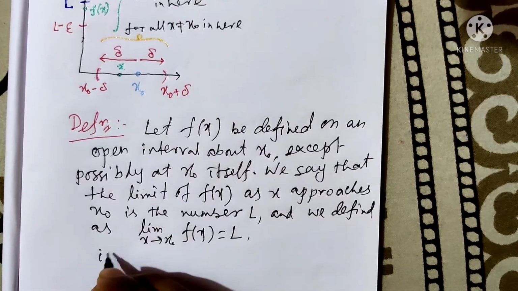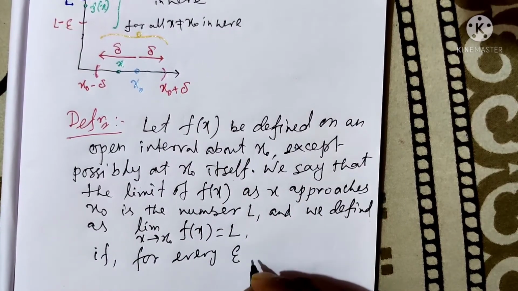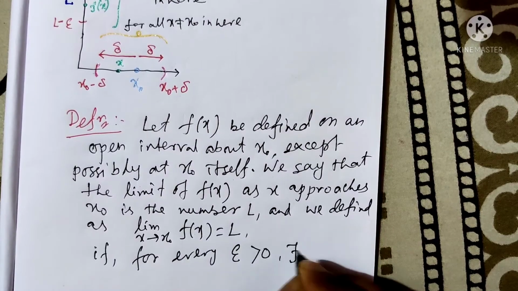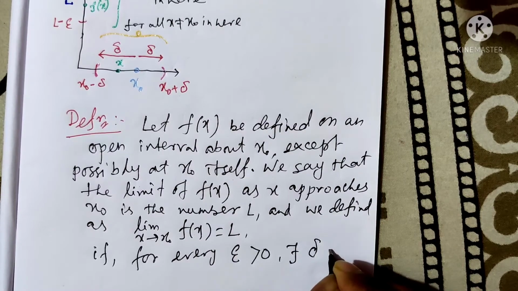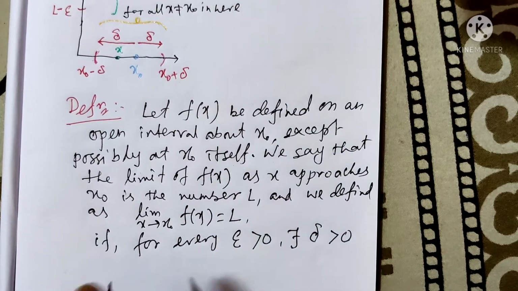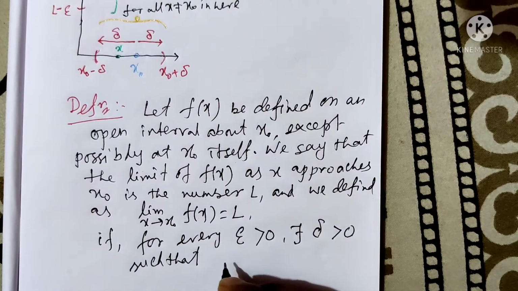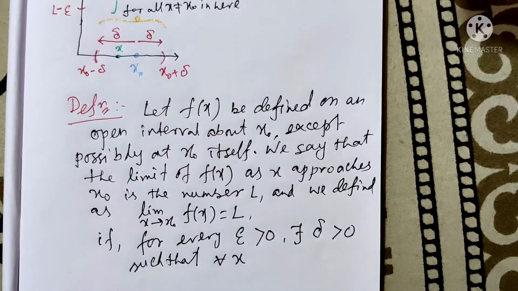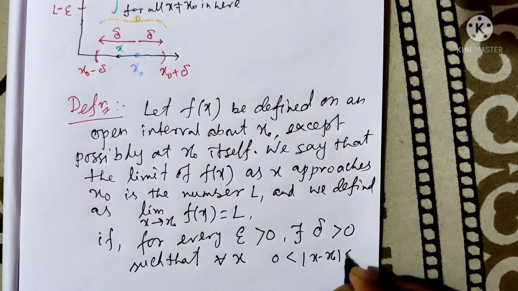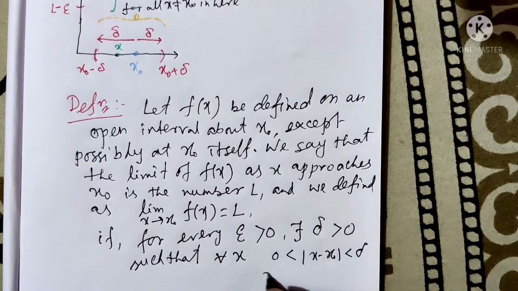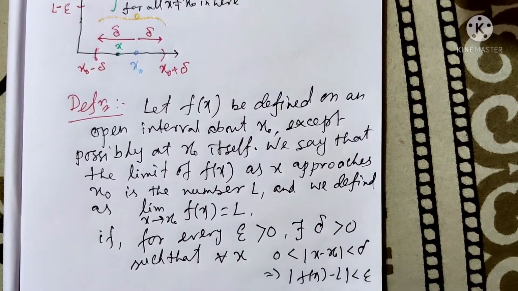That is, if for every epsilon greater than 0 there exists a delta greater than 0 such that for all x, 0 less than modulus of x minus x naught less than delta implies modulus of f(x) minus L less than epsilon.